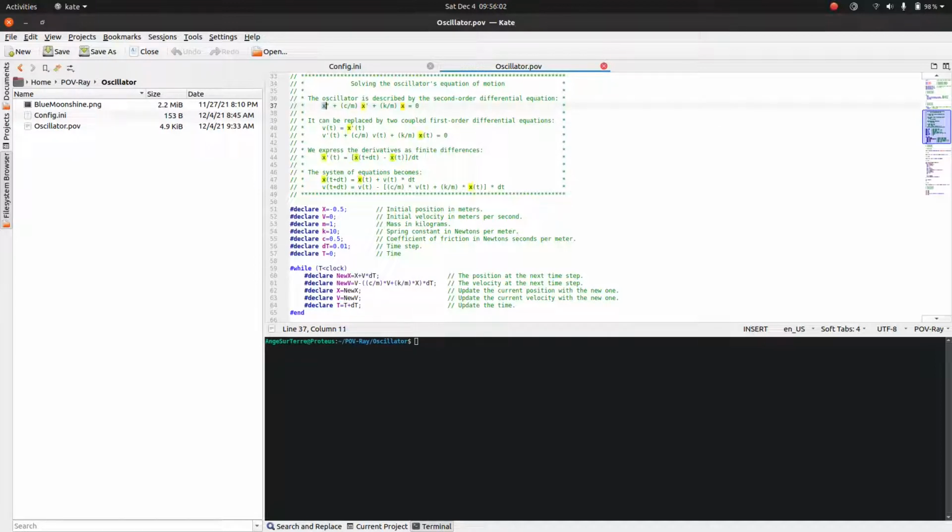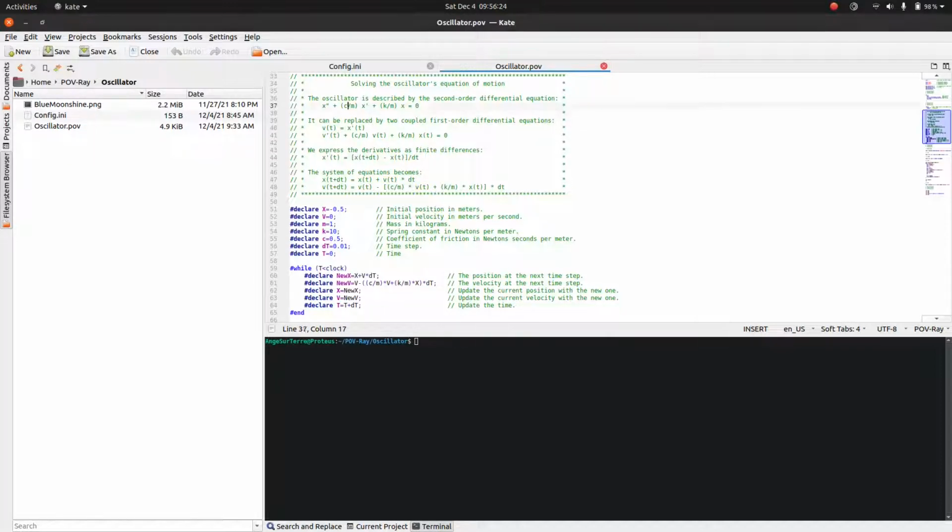So in order to do this transformation, all we have to do is to say, okay, let me take here the first derivative of the position, and I introduce a new variable, which is the velocity. You know, the velocity is the first derivative of the position.